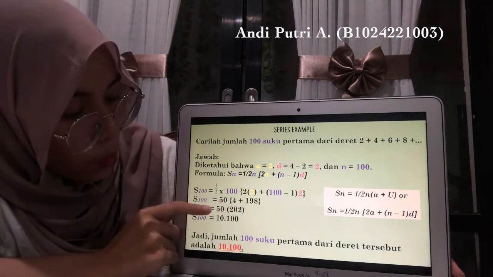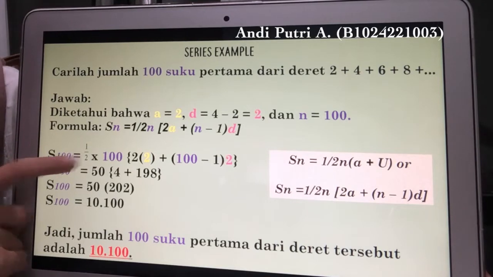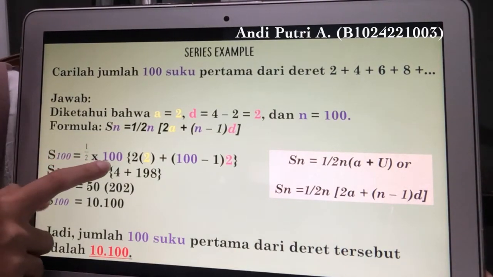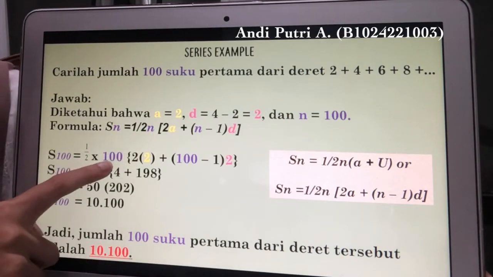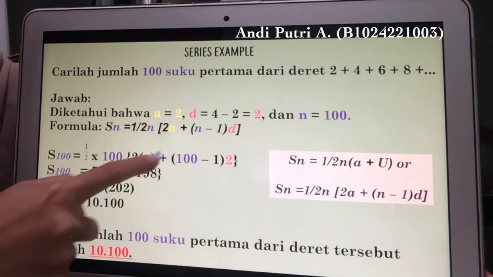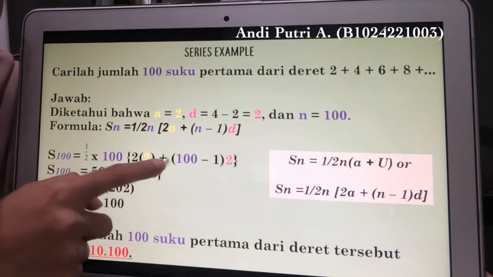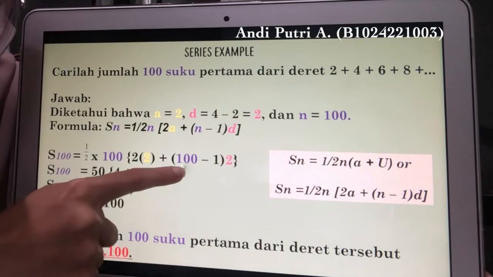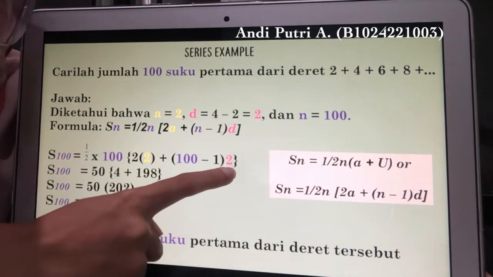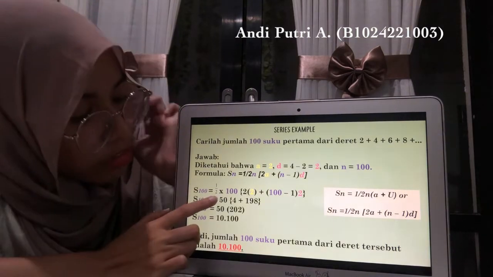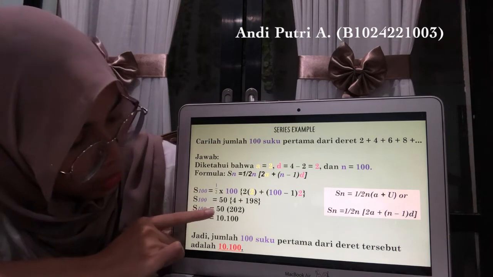So S100, because the n is 100, equals 1/2 multiplied by 100, and 2 multiplied by a, so the a is 2, plus 100 minus 1, because n minus 1, and the n here is 100, multiplied by 2. And then we can calculate, starting from here. 1/2 multiplied by 100 is 50.